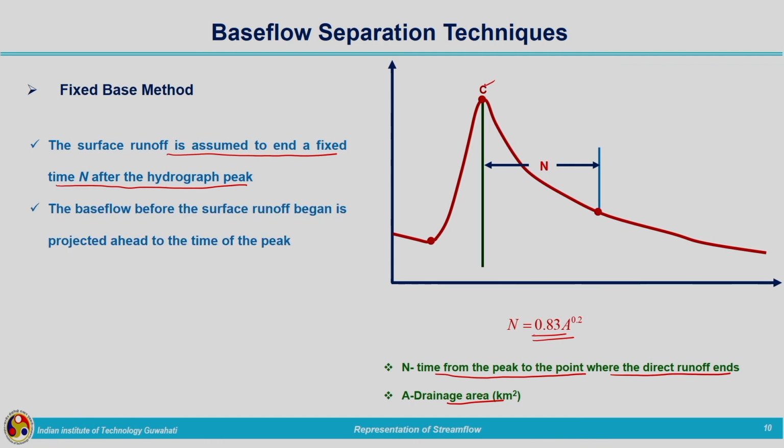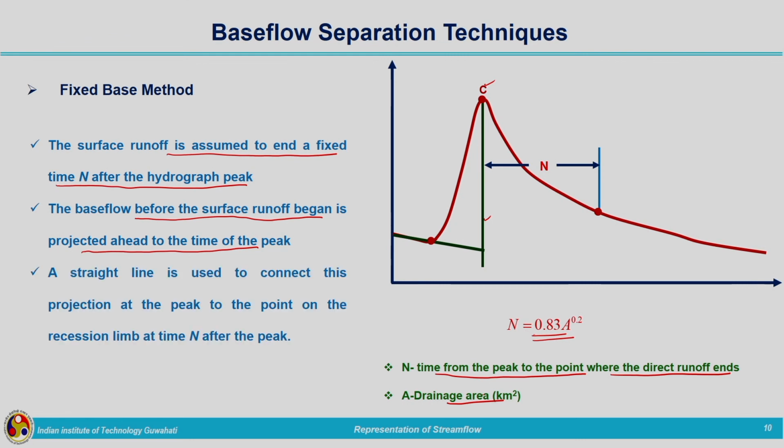So, in this method, the base flow before the surface runoff has begun is projected ahead to the time of the peak. So, we have dropped a perpendicular from the peak and the base flow contribution line is projected forward like this. Then a straight line is used to connect this projection at the peak to the point on the recession limb at time n after the peak.